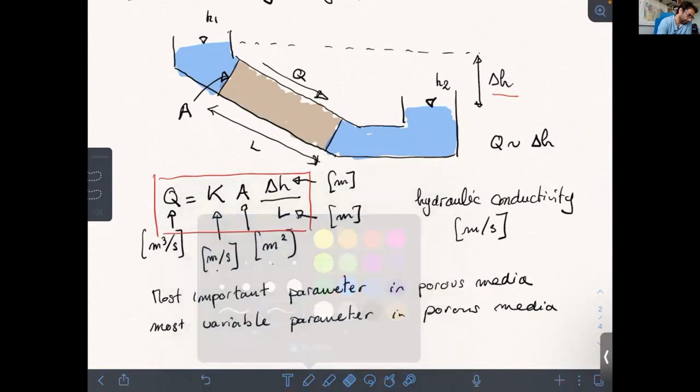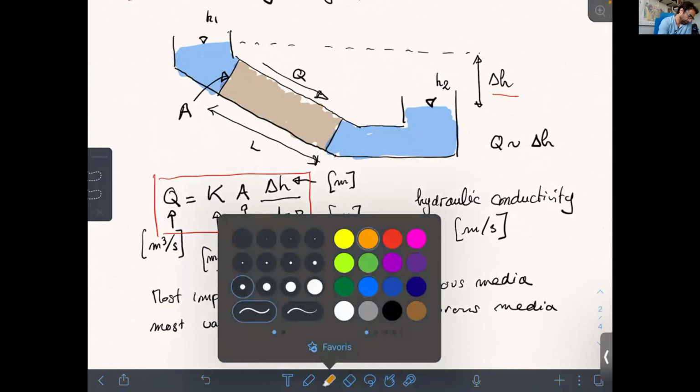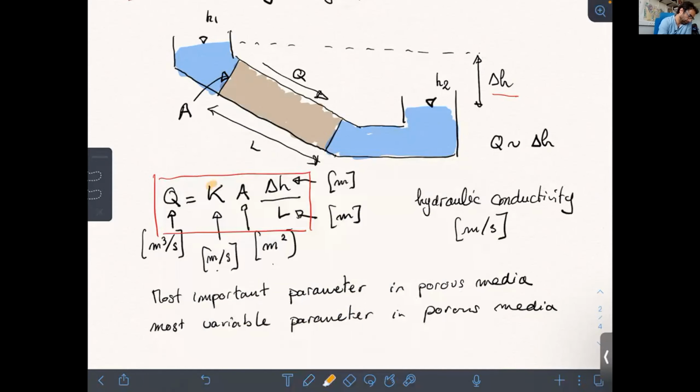We can change it either through permeability, or through the pressure difference, the difference in level. So here in this simple experiment, sketched above, it's easy to see the levels. We have one level here, H1, and another level, H2, and that creates the difference.